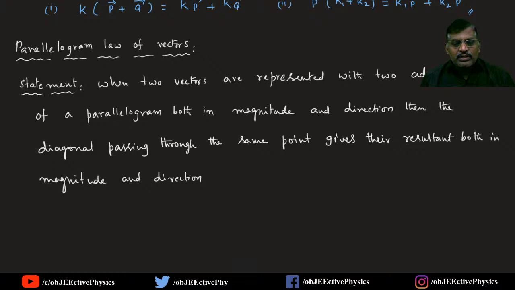Read once again: when two vectors are represented with two adjacent sides of a parallelogram, both in magnitude and direction, then the diagonal passing through the same point gives their resultant both in magnitude and direction. This is the statement.